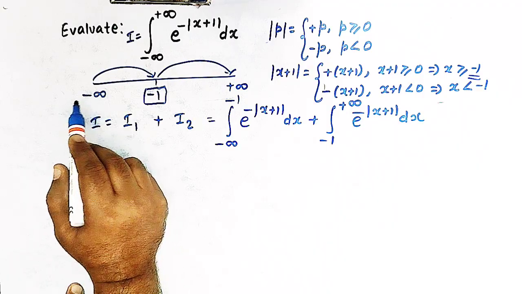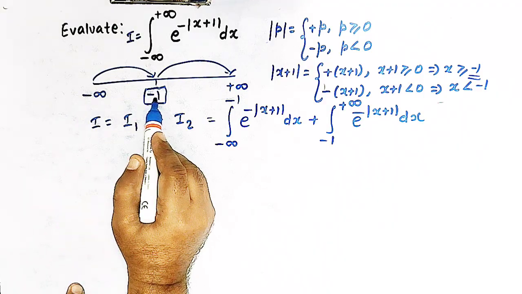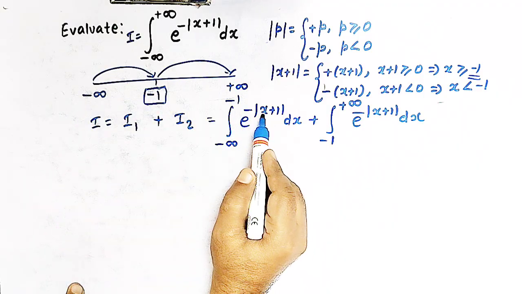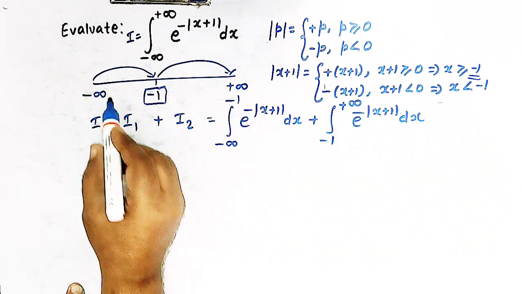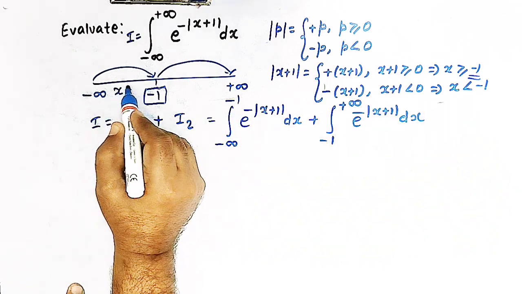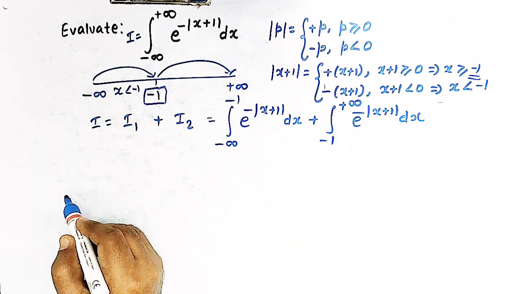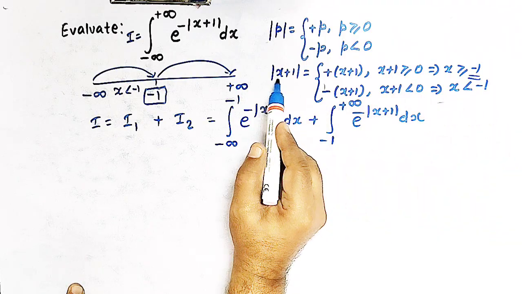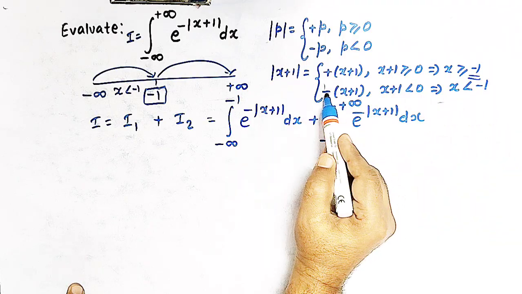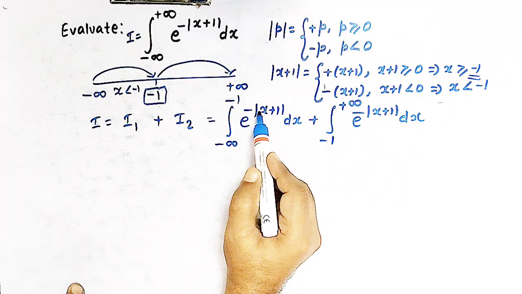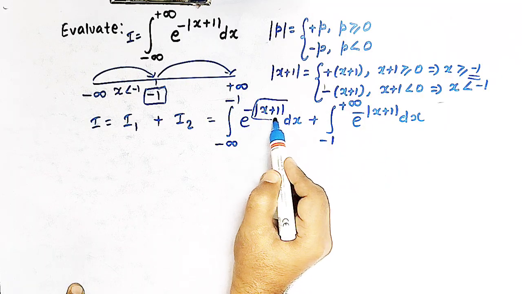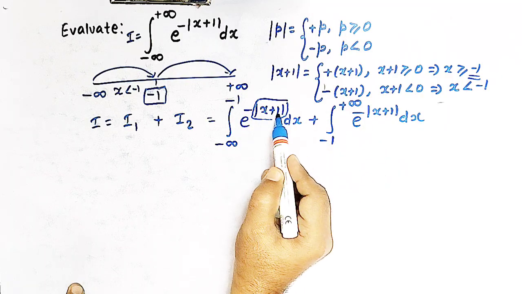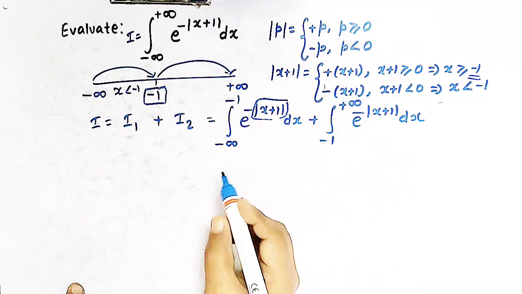So when we go from minus infinity to minus 1, then we have here x less than minus 1, right? So when x is less than minus 1, then mod of x plus 1 is negative of x plus 1. So here we'll replace mod of x plus 1 by negative of x plus 1.